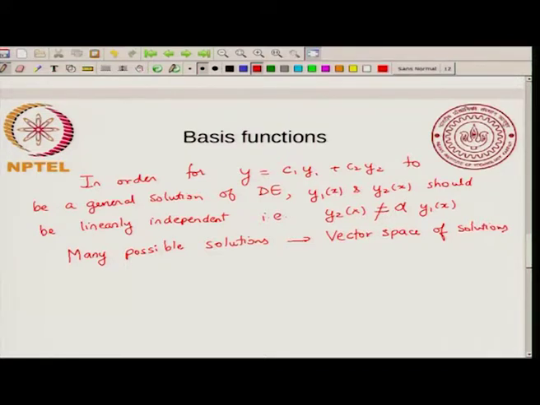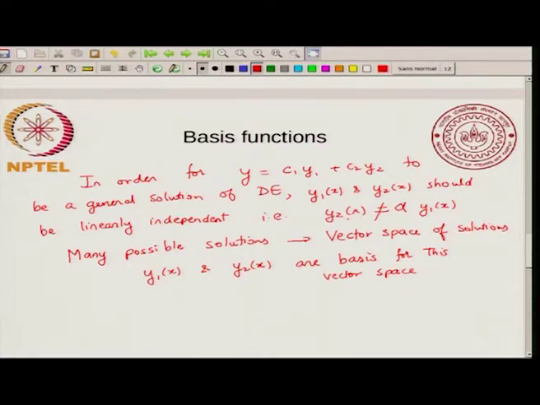Because you can add solutions, you can multiply them by a constant and you will still get a solution. So the set of solutions will form a vector space, and y1 of x and y2 of x can be a basis for this vector space. If y1 and y2 are linearly independent, then they can be a basis for this space of solutions.